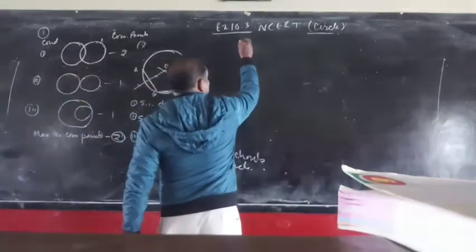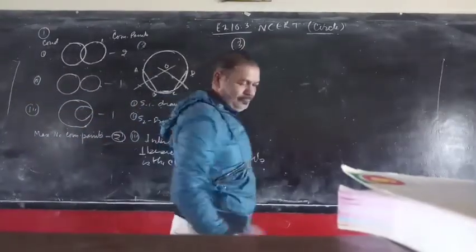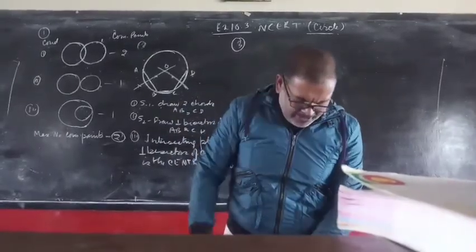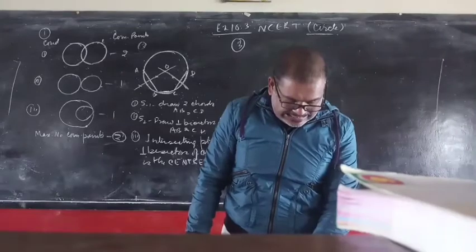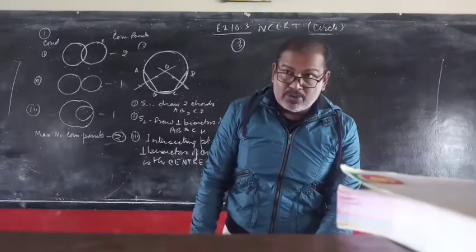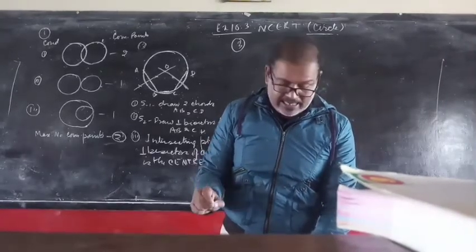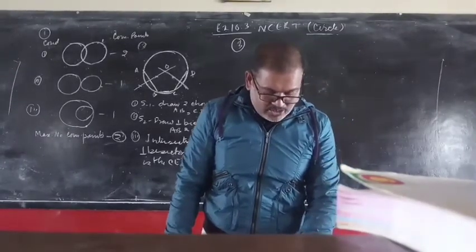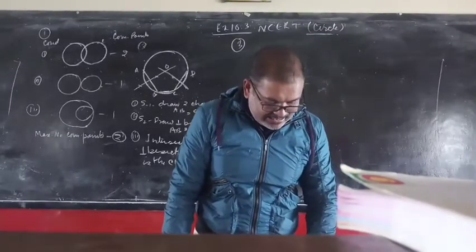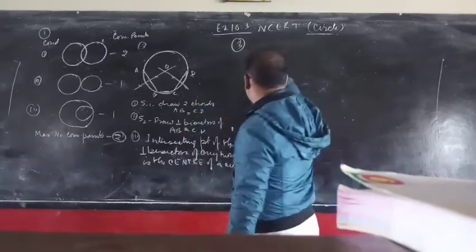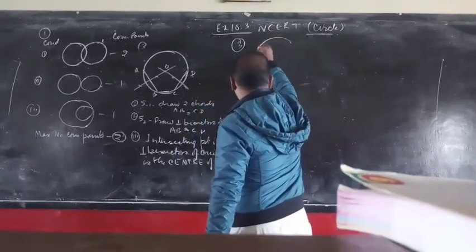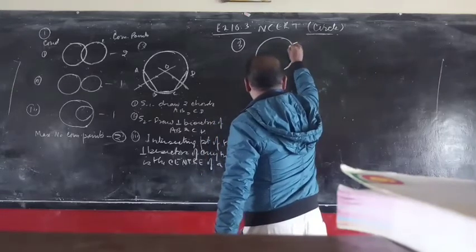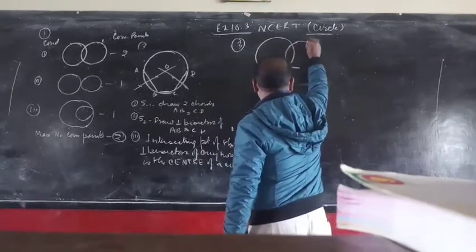Now question number 3 is important for you. See here. If two circles intersect at 2 points, prove that their centers lie on the perpendicular bisector of the common chord. Now suppose this is circle number 1 and this is circle number 2.